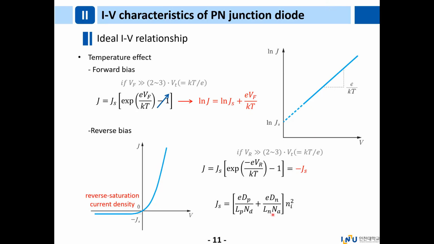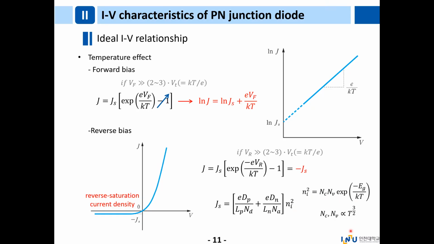As you can see, ni squared is a function that is sensitive to temperature, not only the Nc and Nv terms proportional to T to the 3 over 2 power, but also the exponential function term.